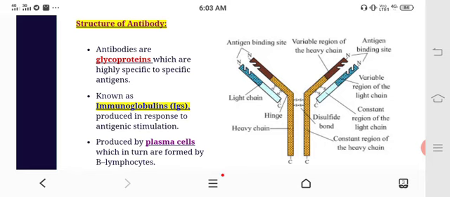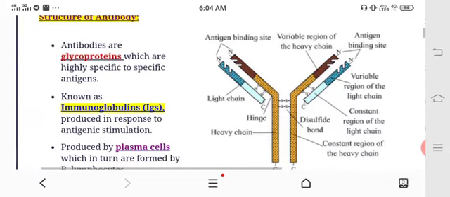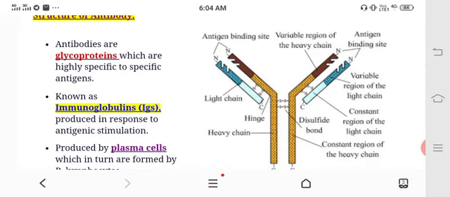The variable regions constitute the antigen binding site. Note down, the variable regions of both light chains and heavy chains constitute the antigen binding site. These antigen binding sites are called the paratope. This part of the antibody recognizes and binds the specific antigen.